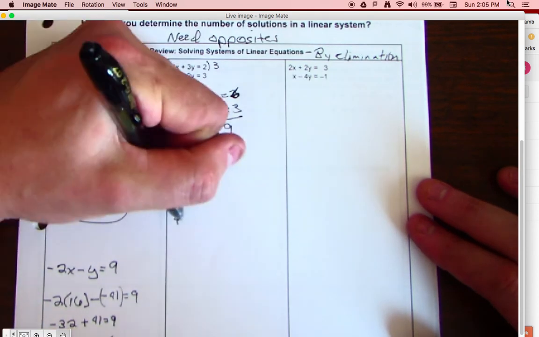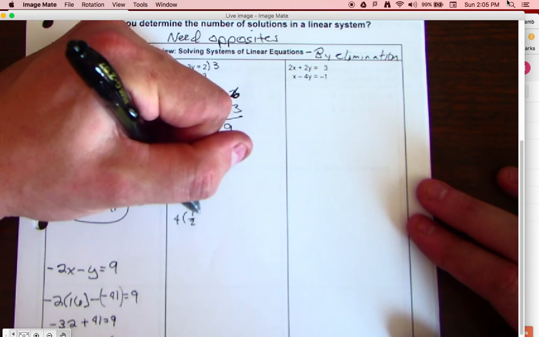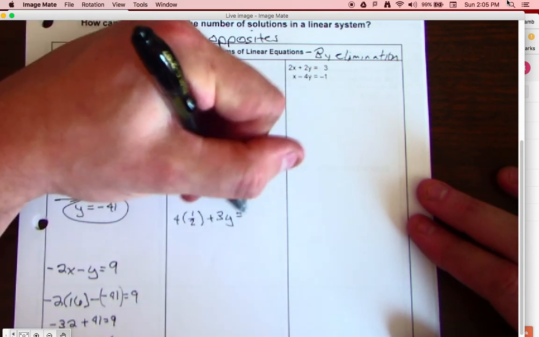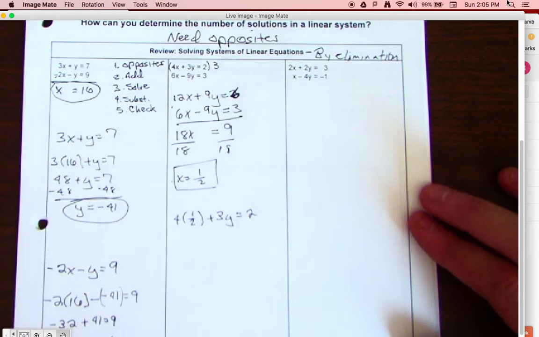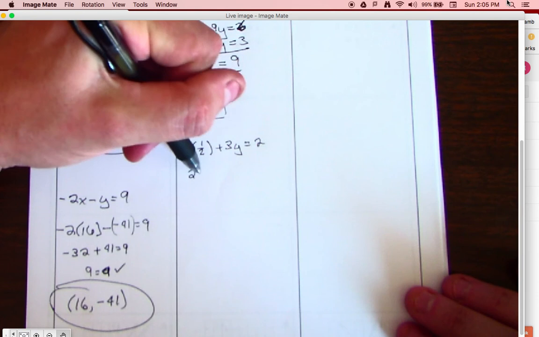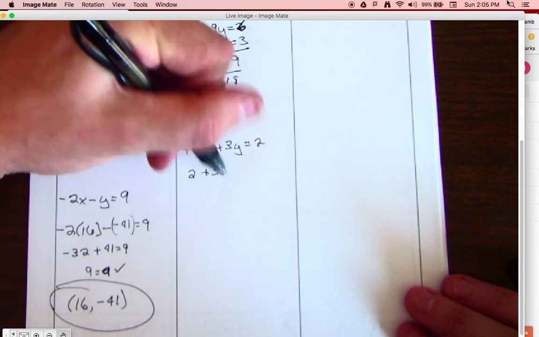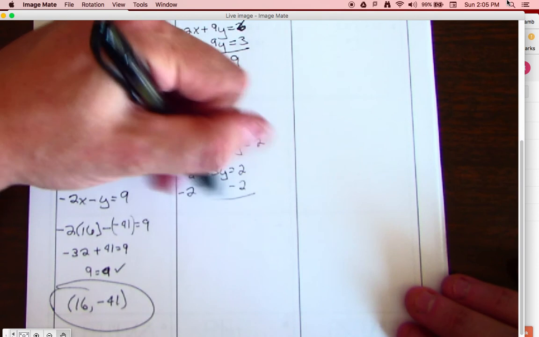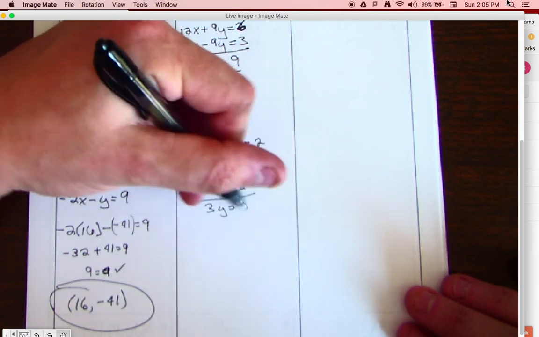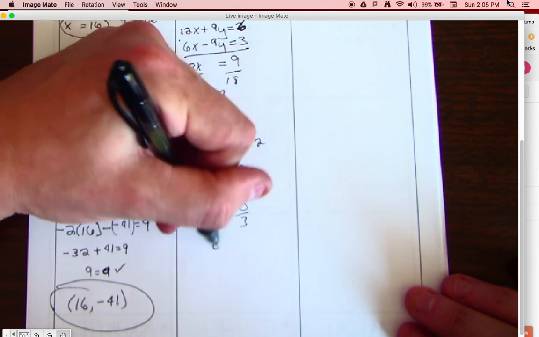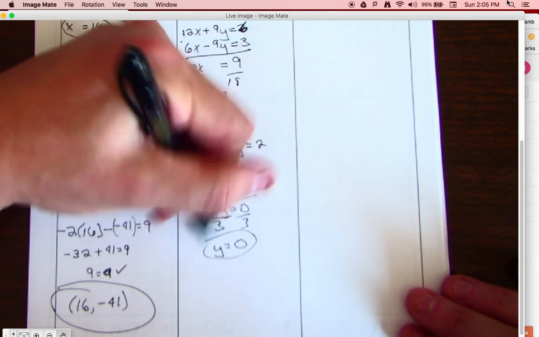So 4, instead of x, I'm going to plug in 1/2, plus 3y, and that equals 2. 4 times 1/2 is 2, so I get 2 plus 3y equals 2, and now I do my algebra. Minus 2, minus 2, 3y equals 0, divide by 3, and I get y equals 0.